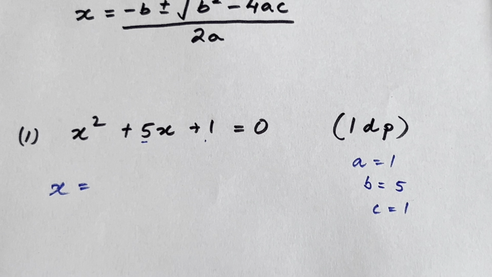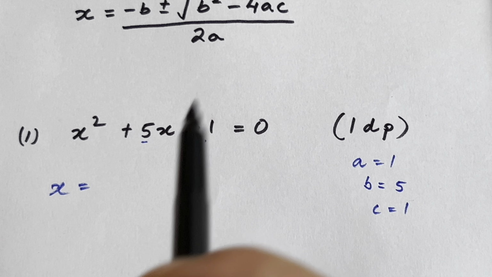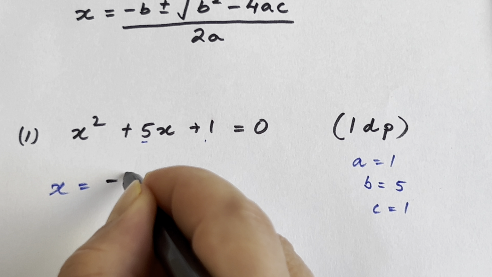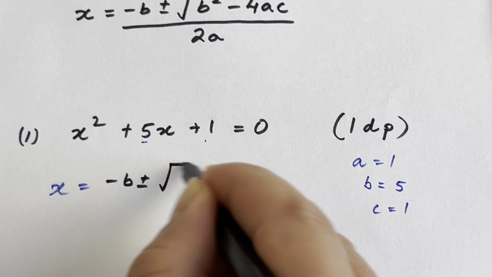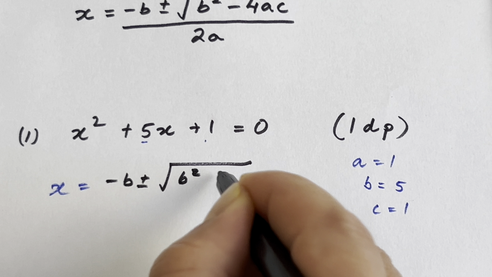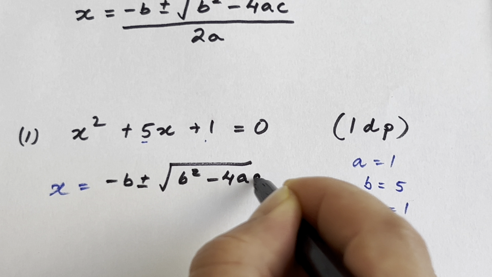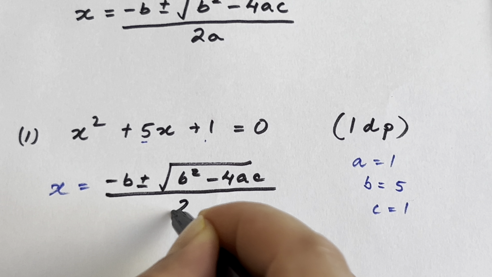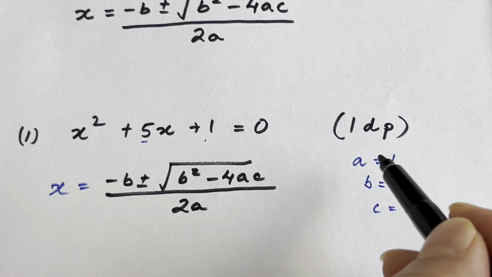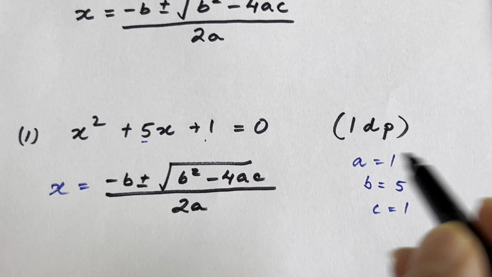x equal to minus b plus or minus the square root of b square minus 4ac all divided by 2a. Now we already have found a, b, and c.